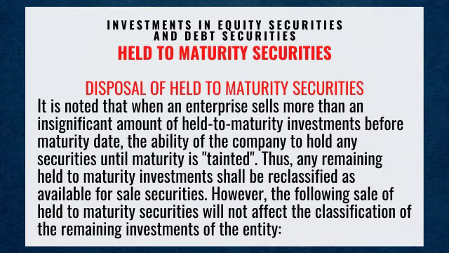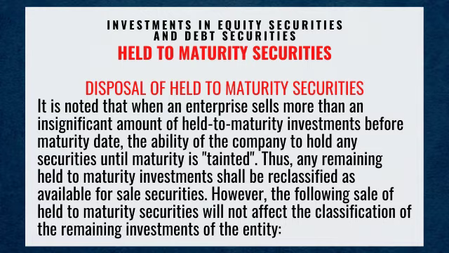It is noted that when an enterprise sells more than an insignificant amount of held-to-maturity investments before maturity date, the ability of the company to hold any securities until maturity is tainted. Thus, any remaining held-to-maturity investments shall be reclassified as available for sale securities.